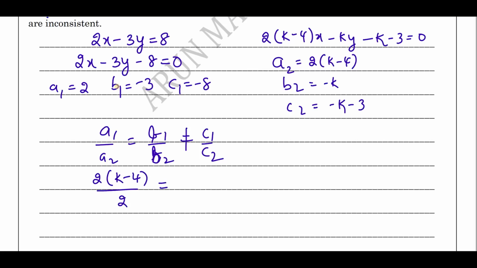What is b1? b1 is minus 3, and in the same way b2 is minus k. Minus and minus will cancel out. 2 and 2 will also cancel out. What you get? k into k minus 4 equals 3.